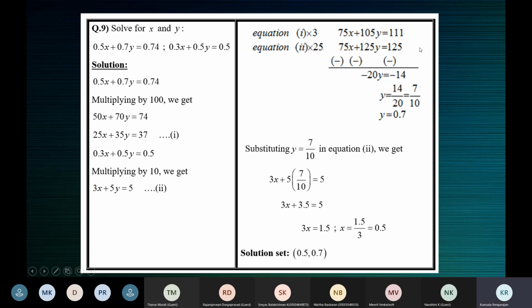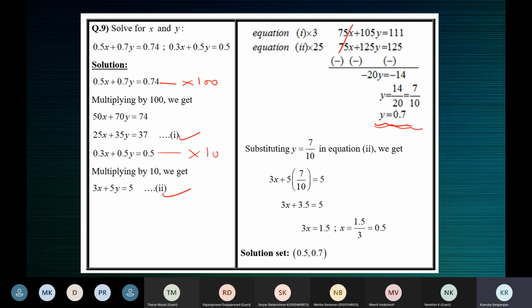So I was telling you that the two equations have the decimal point in them. To get rid of the decimal point, we multiply the first equation by 100 and we get a new equation like this. The second equation we multiply by 10 and get an equation like this. We solve these two equations to find the value of y first, because we have eliminated x.